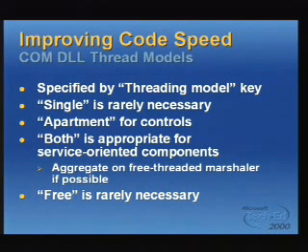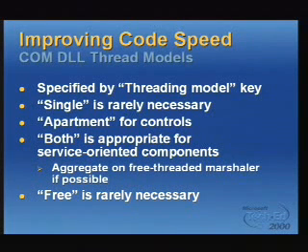This is specified in the system registry by the threading model key. With single, I'm single-threaded, basically, and that means that only one person can call into me at one given time. If 2 or more people try to call into me, then COM will stick them in a queue, and it will only call one guy at a time.